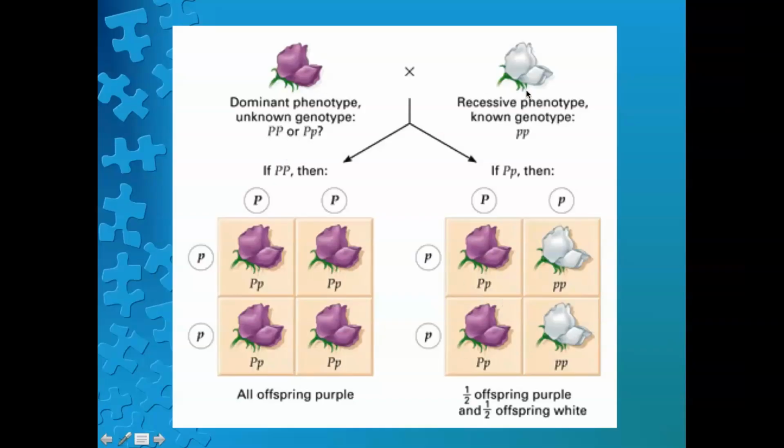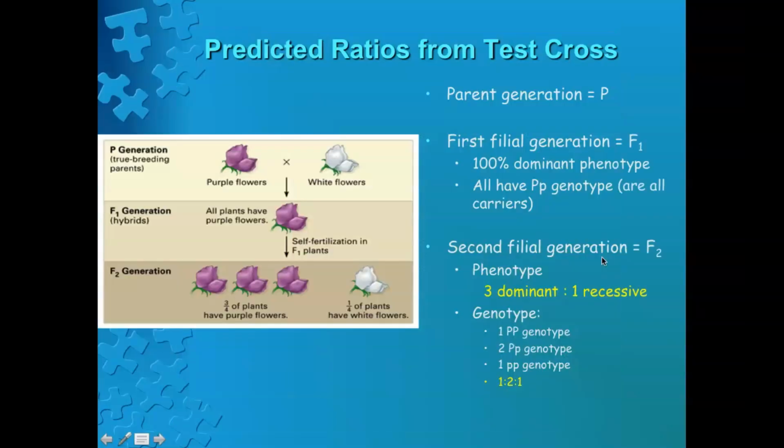If this parent was homozygous dominant, then all of my offspring are going to be heterozygous, so they're all going to show purple. But if I happen to get a white offspring from this cross, then I know that this parent had to be heterozygous, because the only way this works is that parent had a lowercase p to pass on. One lowercase came from here, the other lowercase came from here to get us this. These test crosses are really convenient as a way for us to predict some ratios.